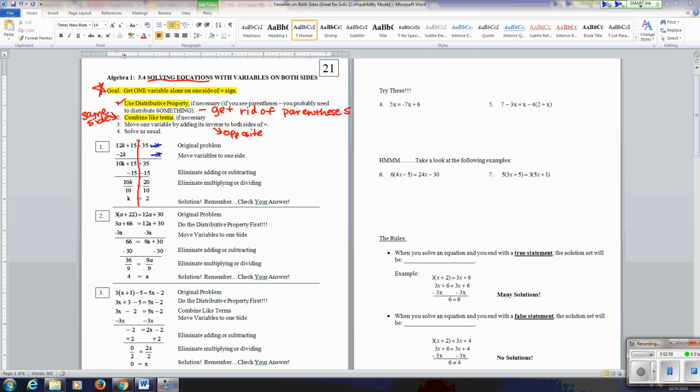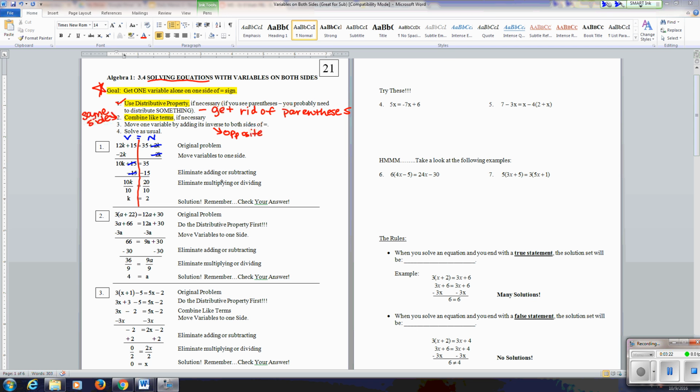Now our variable is on this side, so we want our numbers on the other side. We're going to move that 15 over here. It's a positive in the problem, so we do a negative on both sides. Positive 15 and negative 15 add to 0, and 35 minus 15 is 20.